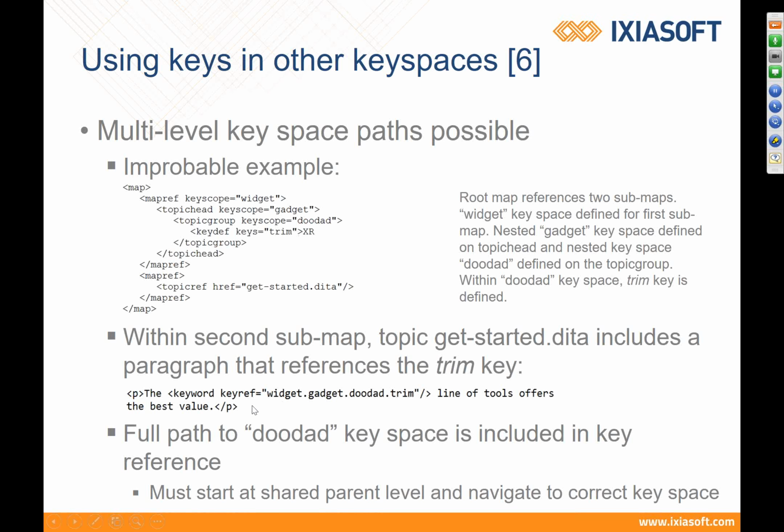So I'm going to have to put the full path to this key in my Get Started DITA topic. And this is just like paths. If you are referencing something in folder X from folder Y, and they are at different levels in your folder structure, your path is going to have to go all the way up to the first common level that those two folders share, and then navigate back down to it.